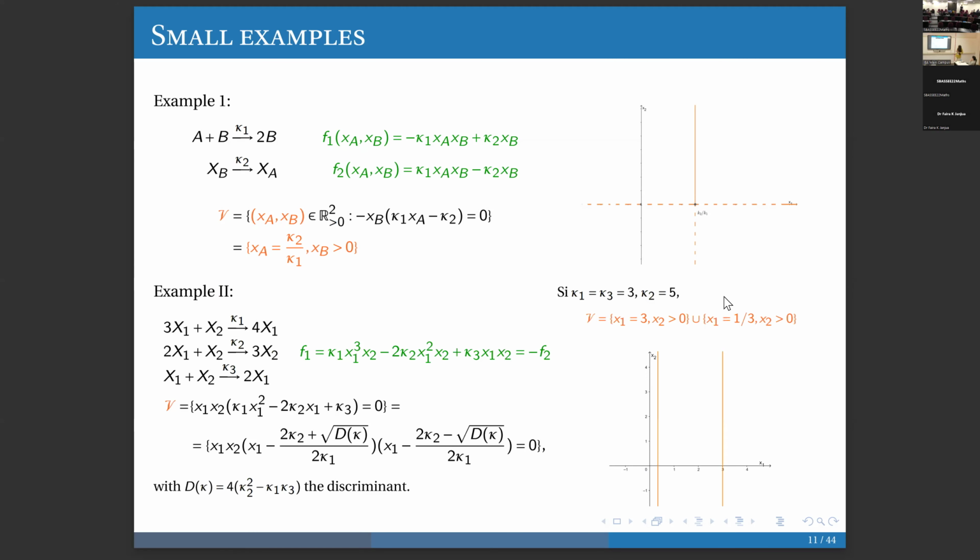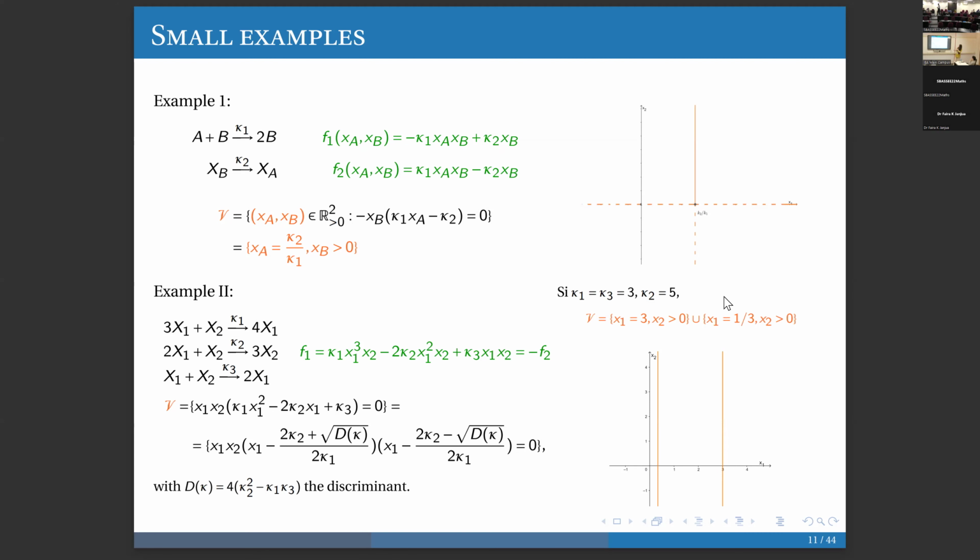So for instance, with these values, I think I gave you this example with these numbers already. I have 2 possible values. So this does not have ACR. Well, not for these values, but for some values of the discriminant. But if the discriminant is 0, then yeah, there will be only one positive solution.